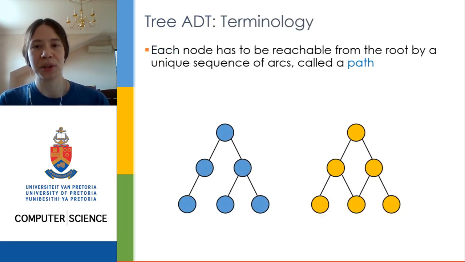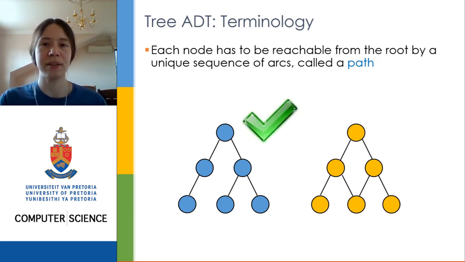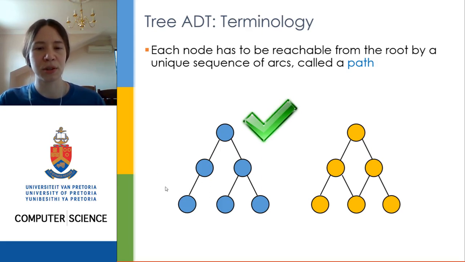What is also important is, just like in a real tree, every single branch is a unique path. You can't have multiple paths through the tree that take you to the very same leaf. So in this example, the structure on the left is a valid tree because to every single leaf, there is only one unique path that you can take.